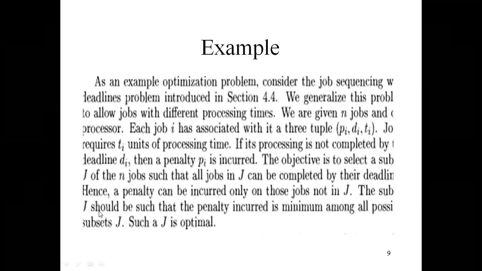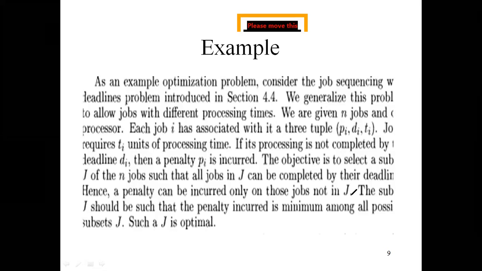So the subset of jobs should be such that the penalty incurred is minimum among all possible subsets J. Such a J is the optimal one. So what is required here? If the job is not completed within a particular time, then there is a penalty.